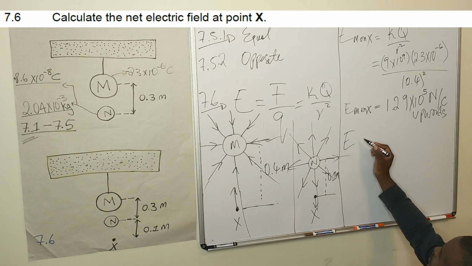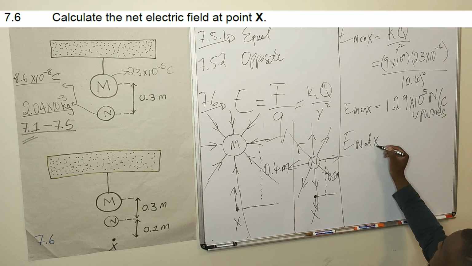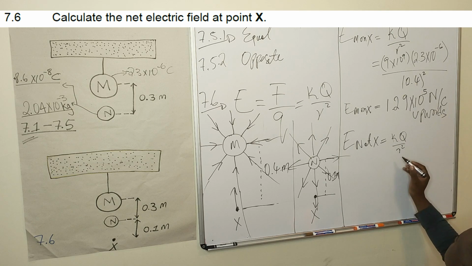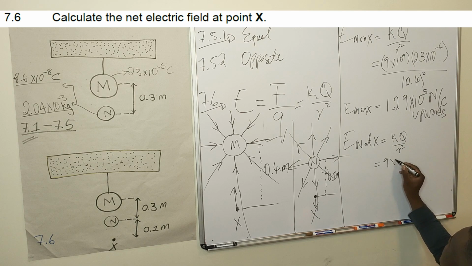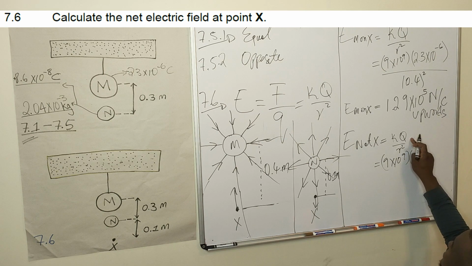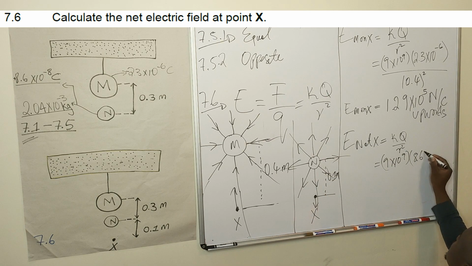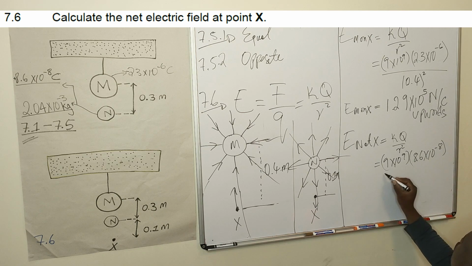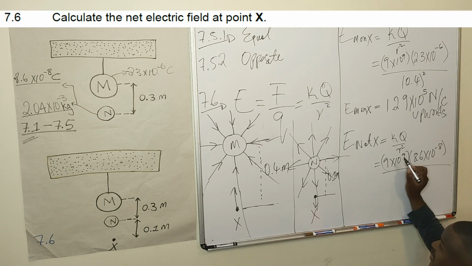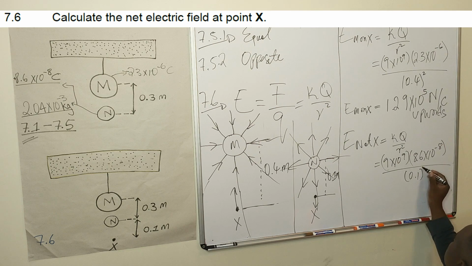So you say E, the electric field of N at X, is the same formula, KQ over R squared, which is equal to 9 times 10 to the 9 times Q. What is Q? It is the charge of N, which is what we were given: 8.6 times 10 to the minus 8, all over R squared. What is R? The distance between X and the center of N, which is 0.1, all squared.